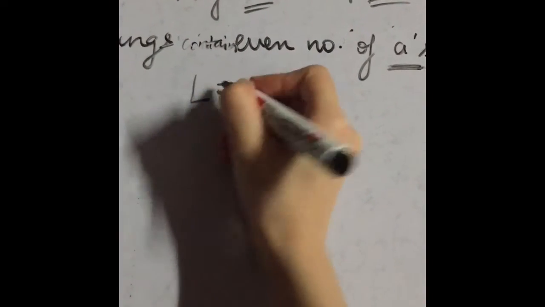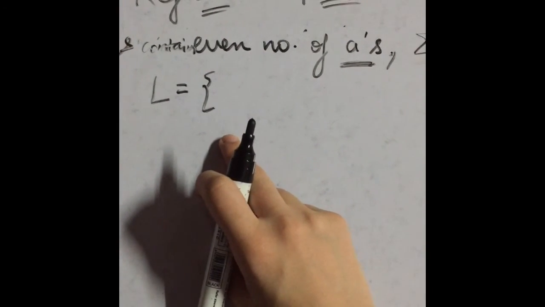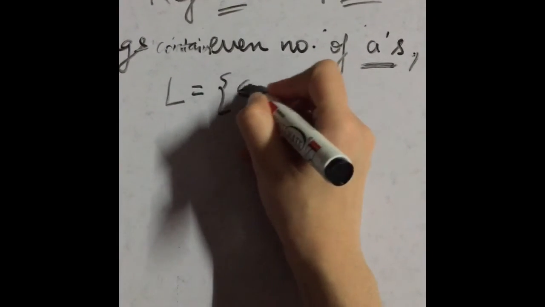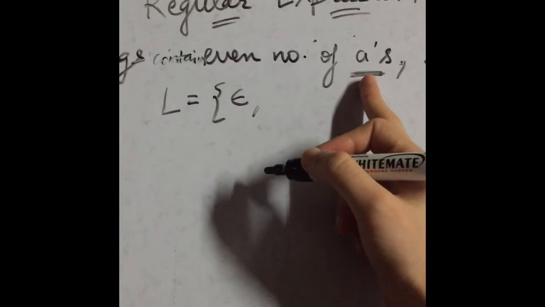First of all, what are the strings which are accepted by this? Can null be accepted? Definitely. Don't worry about b's, only think about a's, because we want the number of a's to be even. Whether b is even or odd, we don't care about that.